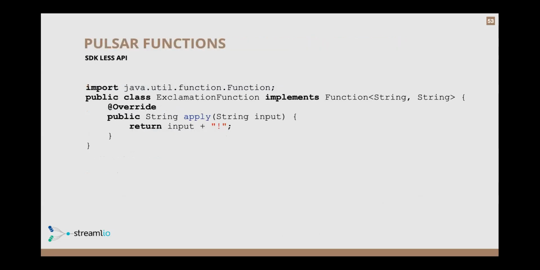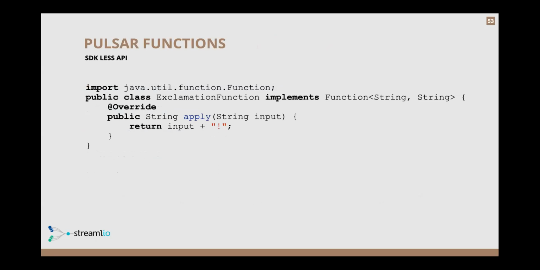So let's look at the SDK-less API. We support an SDK version of Pulsar Functions as well as the one that does not require the SDK. This is the Java version of that. I apologize to the Python developers in the crowd. Basically you use the existing Java function API, and you have a class that implements that, and you specify the input and output type.